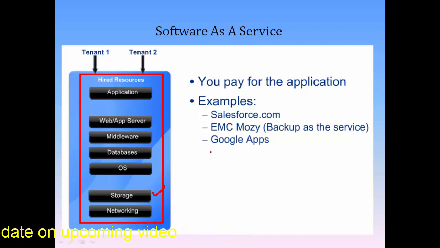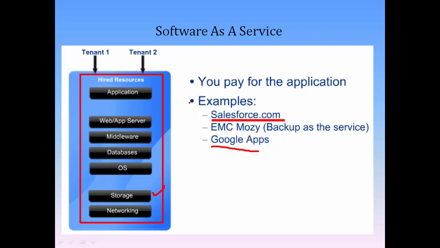Like Google Apps, you just go to your client from your machine, log in there, start using Gmail, Google Drive, all these services given by Google, Salesforce.com, that is ready software here. Just create a credential, start using whatever service you want to use. There are so many services given by Google, only Google.